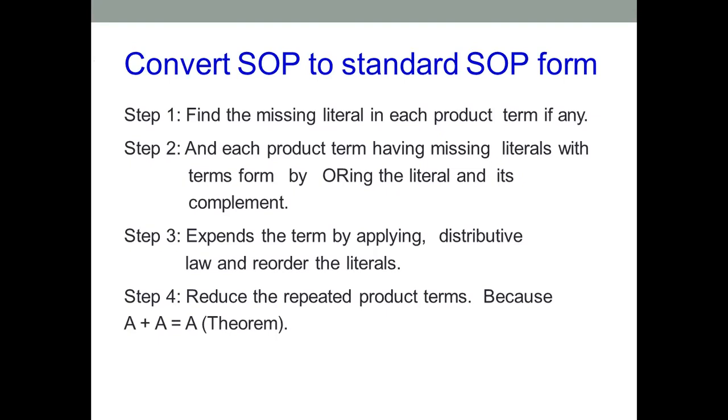Now for step number 2: add each product term having the missing literals with the terms formed by the literal and its complement. If a literal is missing, we have to add it.